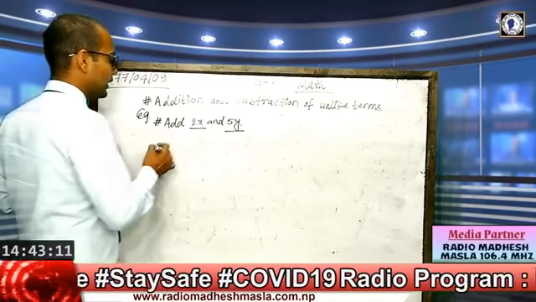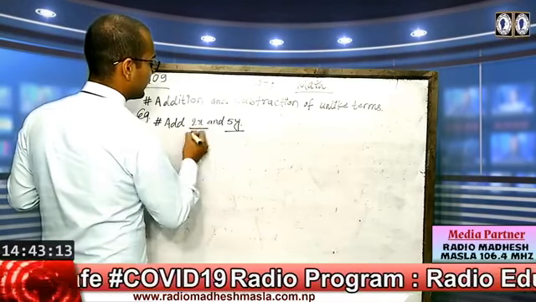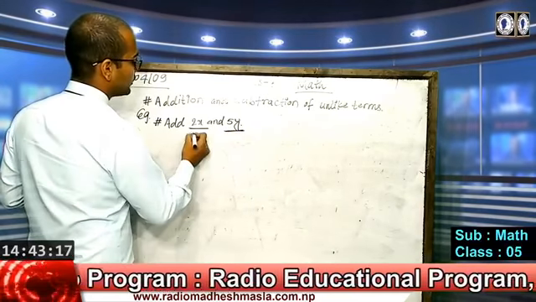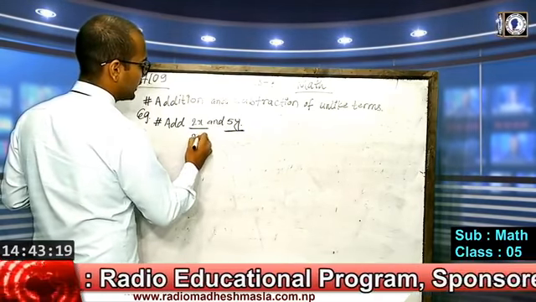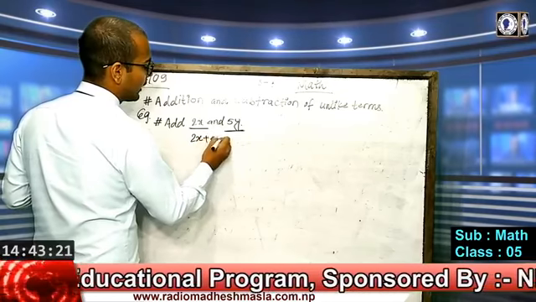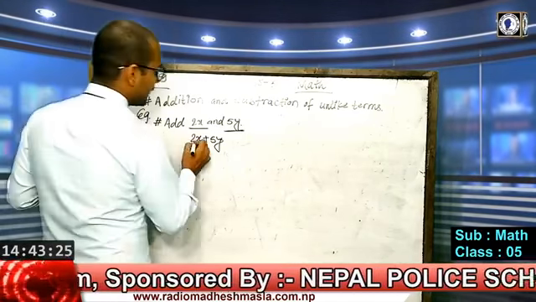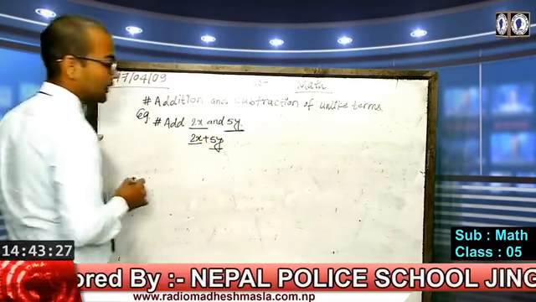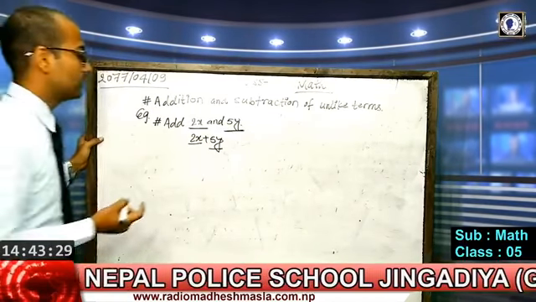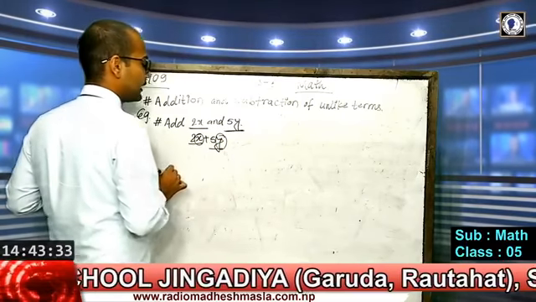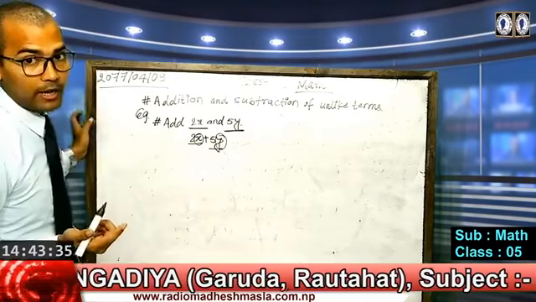Here we can write 2x plus 5y. They are unlike terms, because one has the base x and the other has y. They have different bases, so we can find it easily.